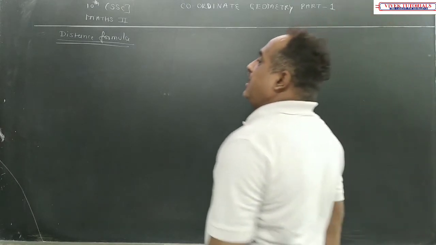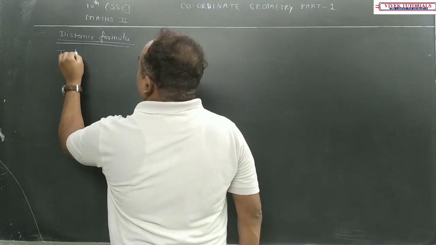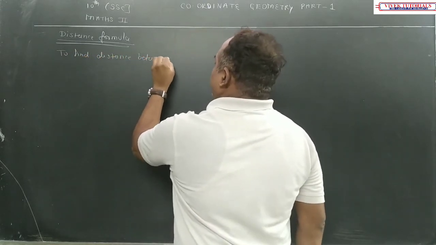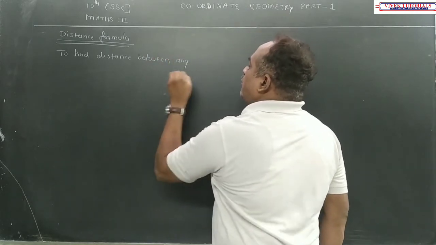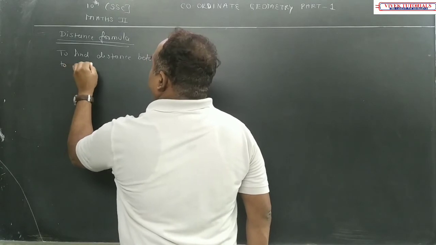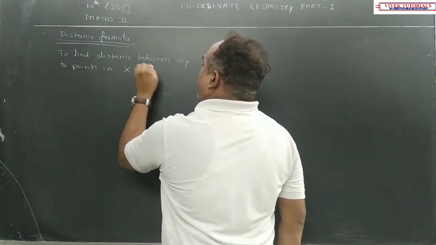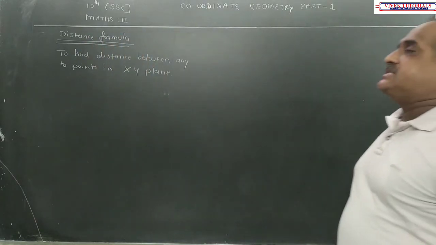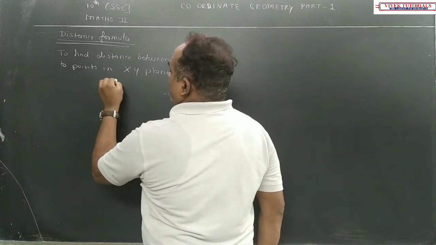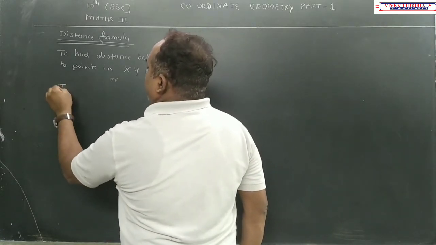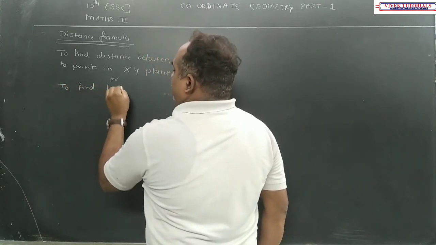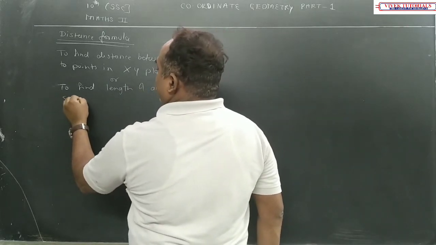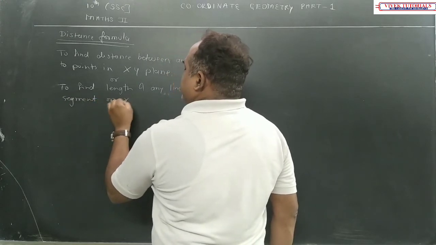Distance formula is to find the distance between any 2 points in the XY plane. In the whole plane, we can find the distance between 2 points. Okay, and to find the length of any line segment on the XY plane.